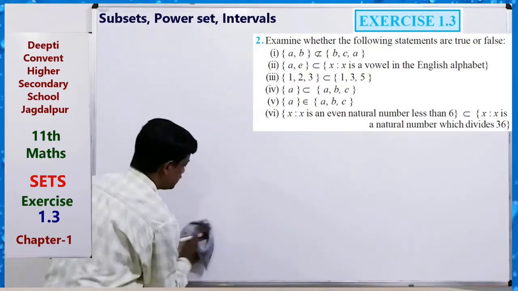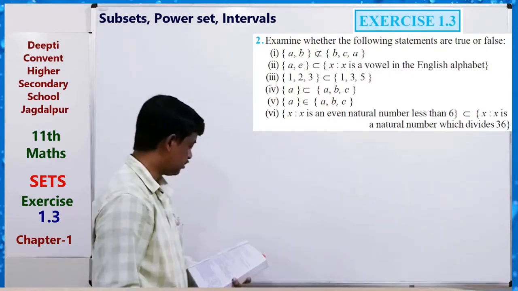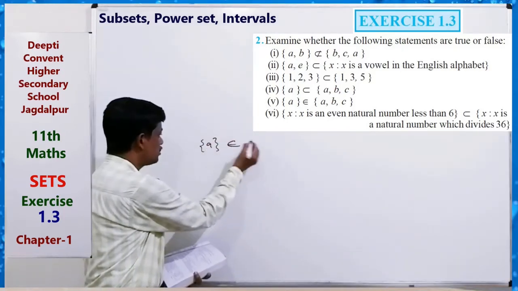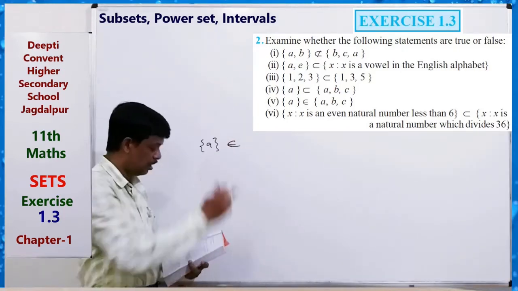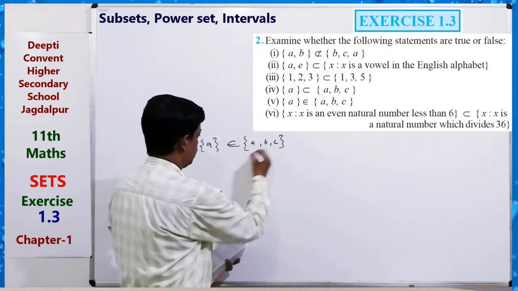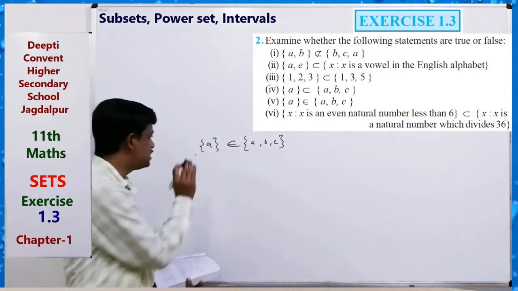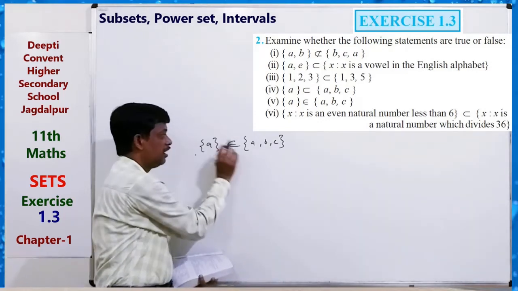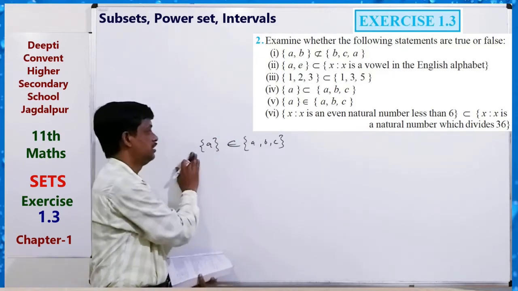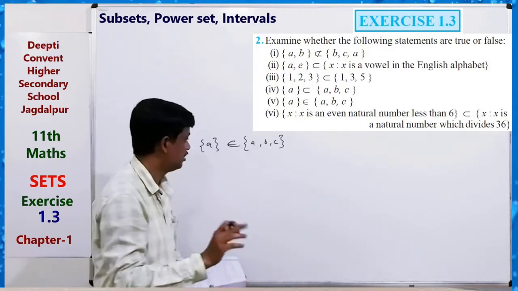Question 5: A belongs to ABC is written here. Wrong, because this is a set and A, B, C are elements of this set. This contains only the elements A, B, C, not a set.